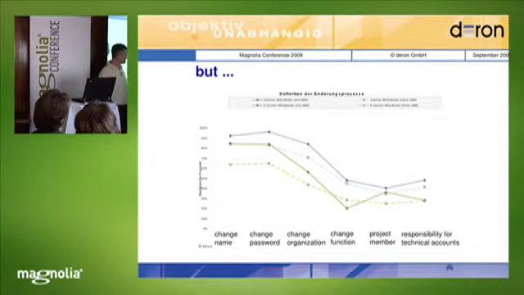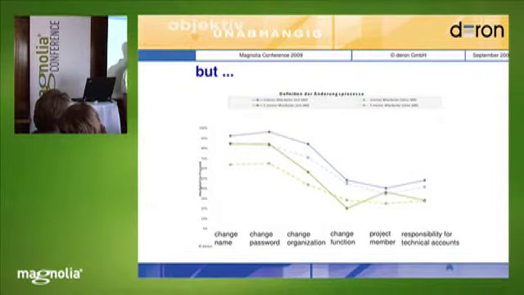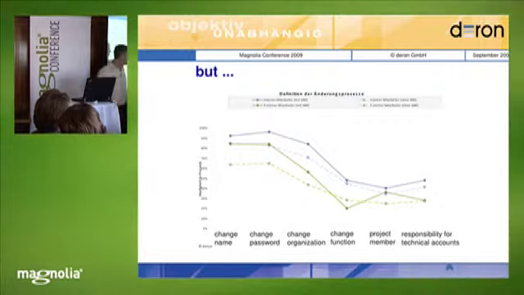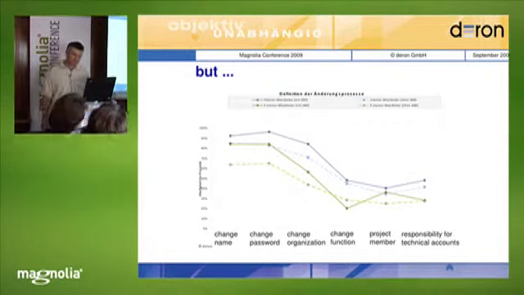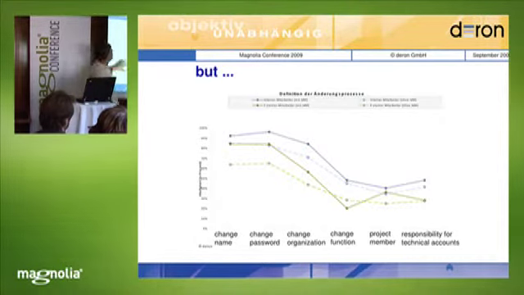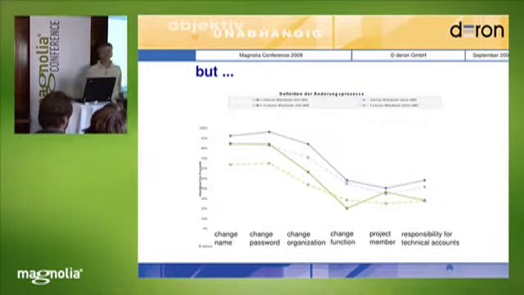But if you look at other processes, for example, the change of the name, change of the password, change of the organization, change of the function in a company, the change of the member status in a project, or the responsibility of technical accounts, you see the coverage of the process definition is very low.